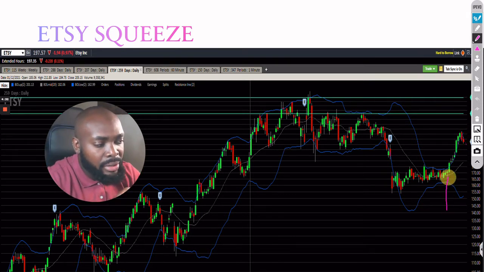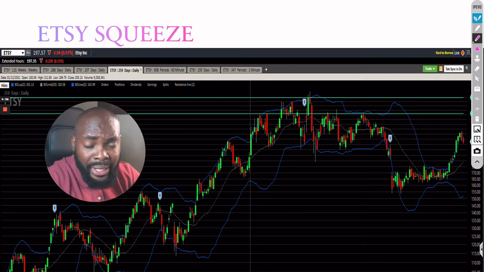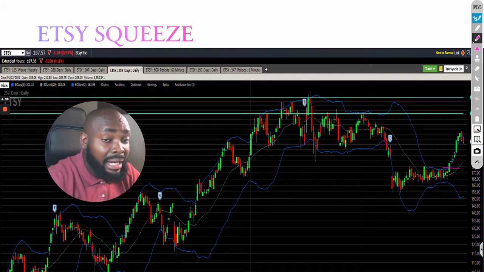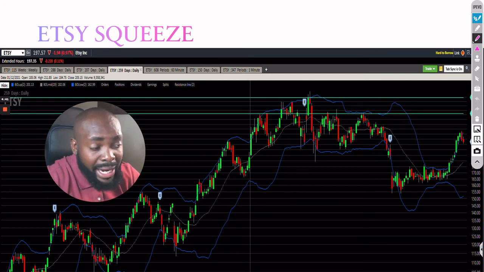After we took our entry right here, how do you know when to get out of the trade if you're riding the trade using the upper band as your guide? As long as the stock continues to stay above the upper Bollinger Band to the upside, we will continue to stay in that trade, trailing our stop to the upside and taking as much of this as the market gives to you.